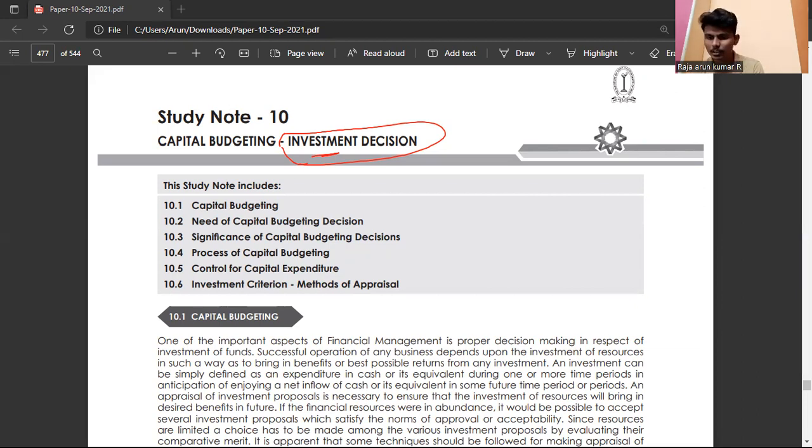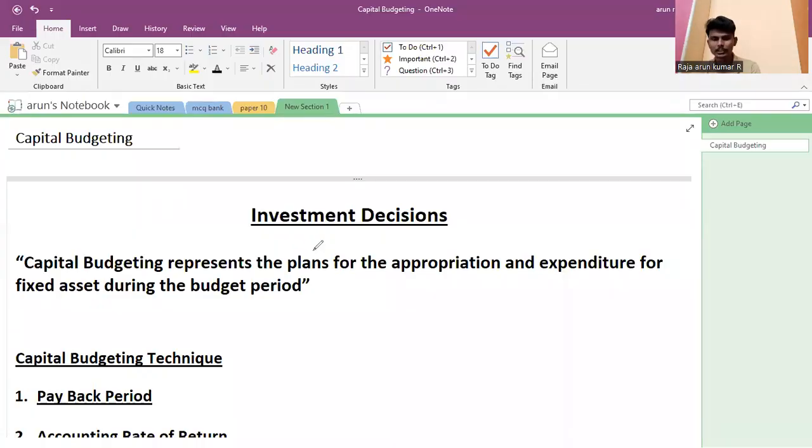We start the class. Before that, I share the screen. Yes, this is capital budgeting, investment decision. Capital budgeting represents the plan for the appropriation and expenditure for fixed assets during the budgeted period.